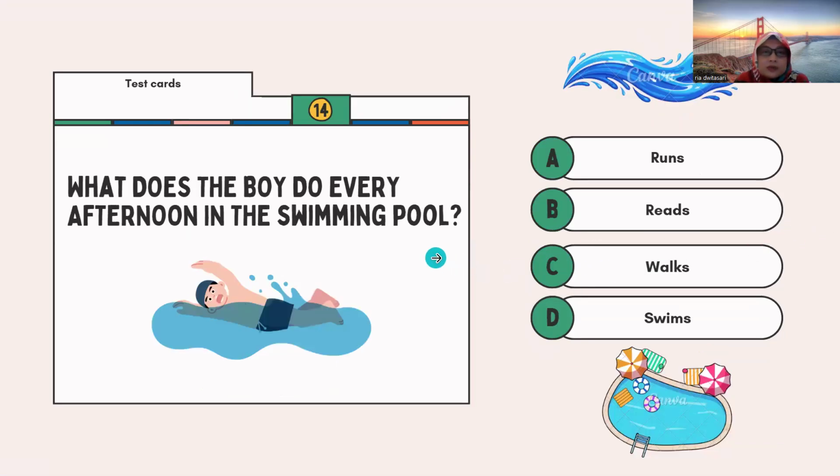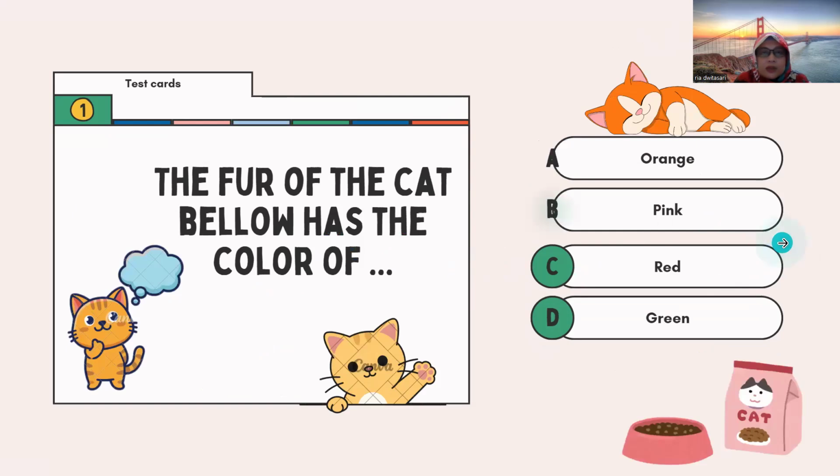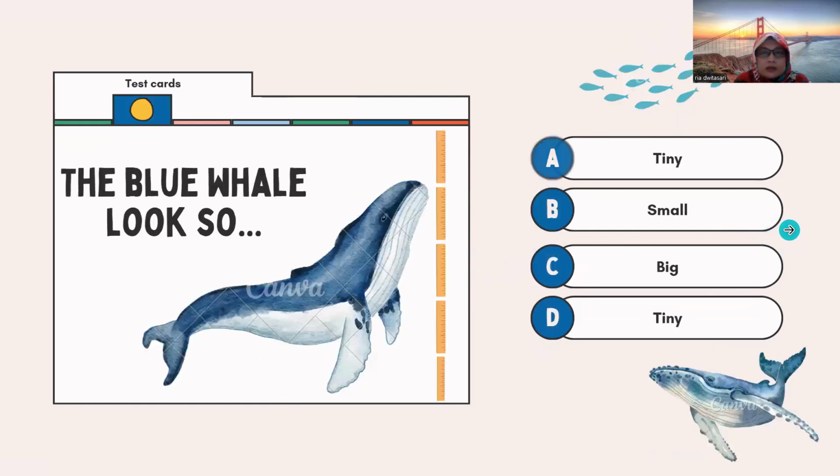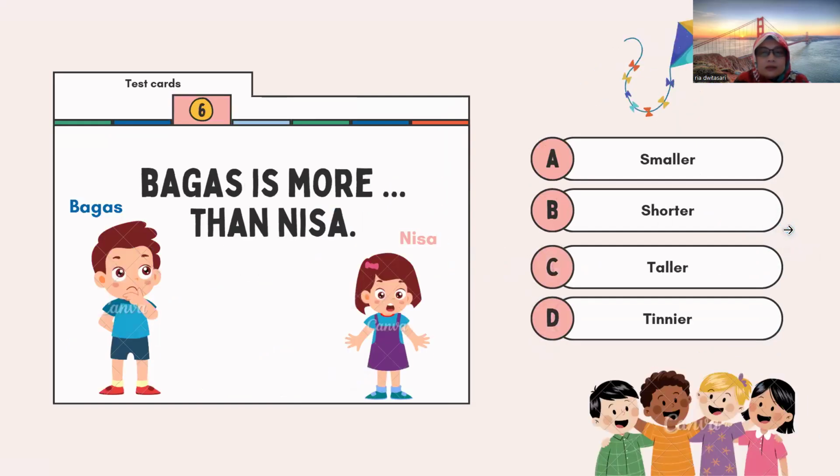What does the boy do every afternoon in the swimming pool? Then just let your students answer it. I put a lot of questions that in my opinion can engage them to be more active in our class.